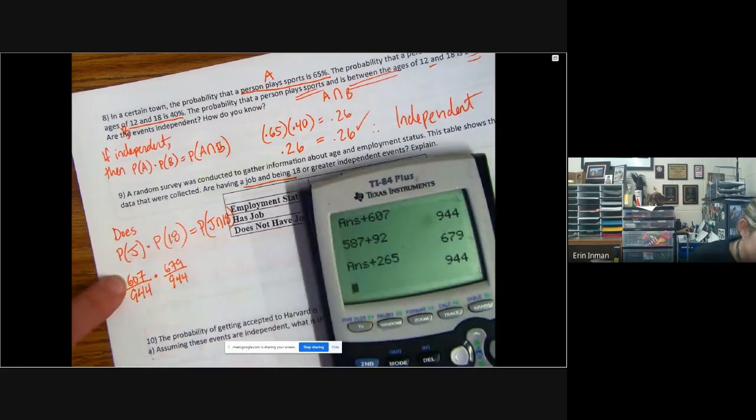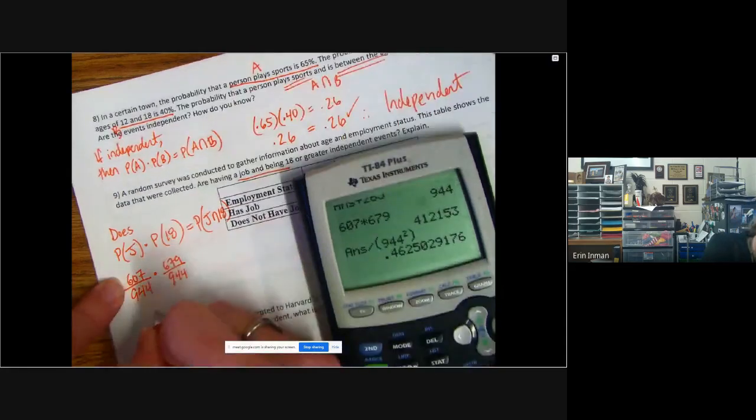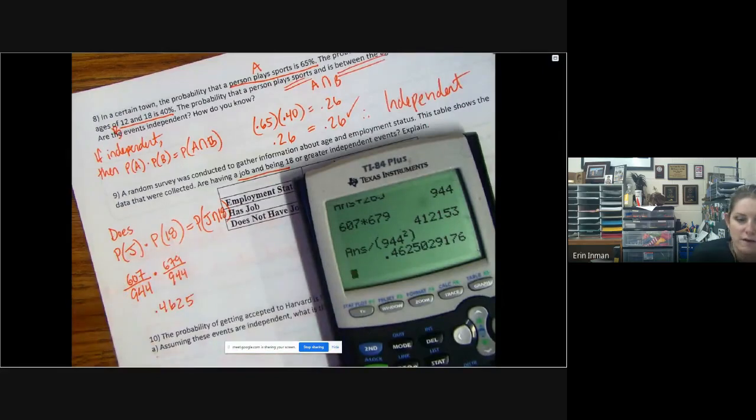Remember, it's top to top over bottom to bottom. So 607 times 679, that's a huge number, divided by 944 squared, because 944 times 944. And that ends up being 0.46, I'm going to write them all out, 0.4625.